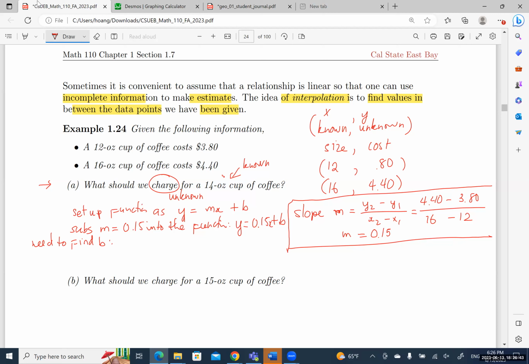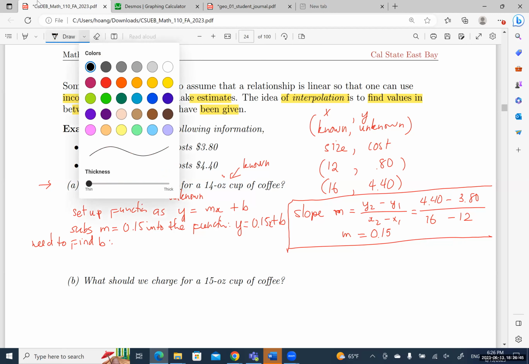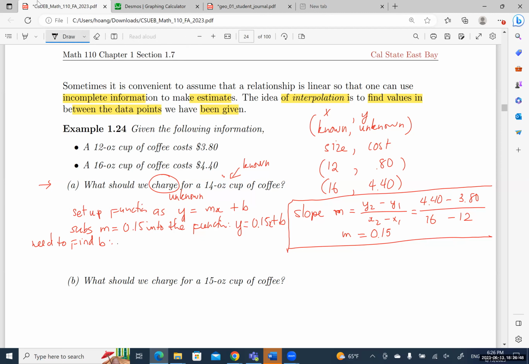Okay, in order to find b, I'm going to use another color. You're going to plug in 1 point from the given. Any point, okay? There are 2 points in the given, so you can choose either one of them.